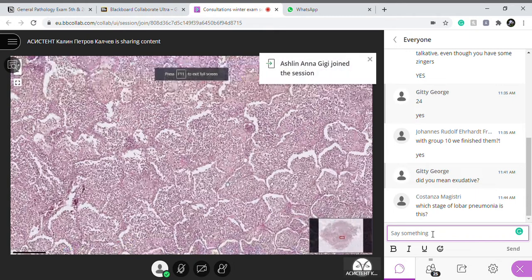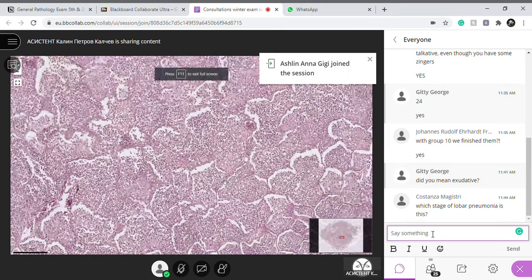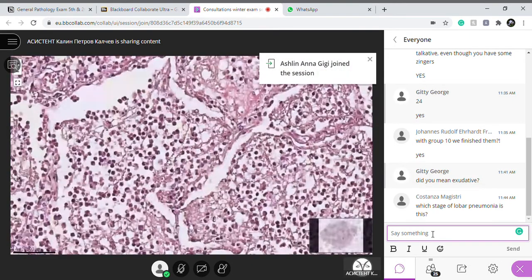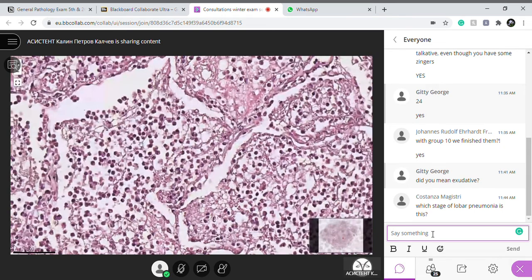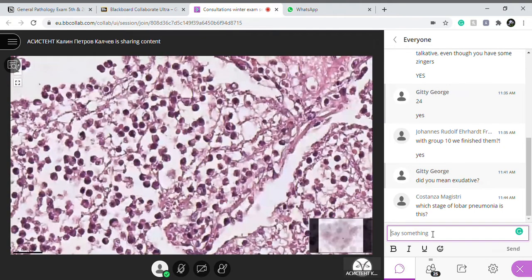the inflammatory exudate, you will see that it is composed mostly of neutrophilic granulocytes, and there are just few red blood cells here. This is a red blood cell. This is a red blood cell. Here we have a couple of them, but maybe they are in a vessel here.